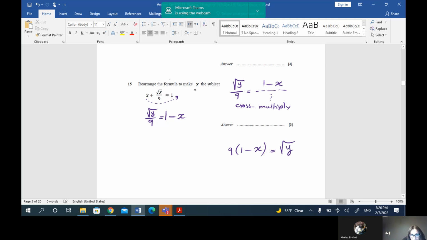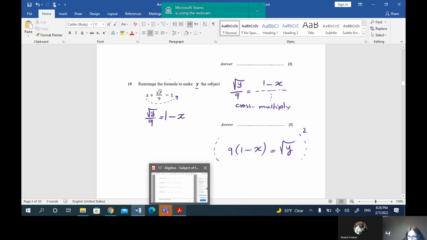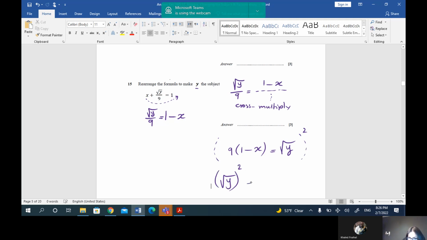Now, y is my subject, so the opposite operation to square root is to square each side. So we are going to square each side. So it will be square root of y to the power of 2 is equal to, if you want to expand this, 9 minus 9x all to the power of 2.